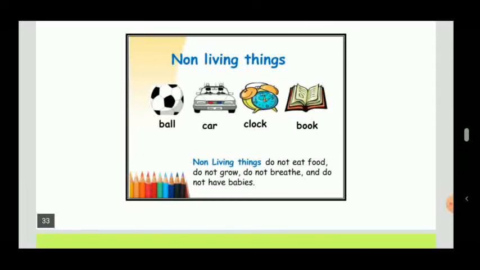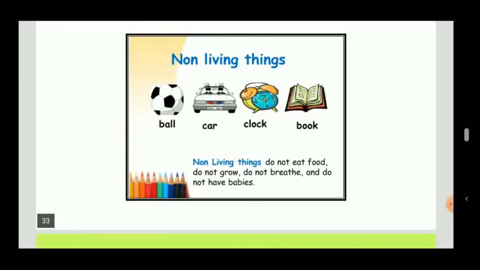Non-living things do not eat food. Ball, car, clock or book do not need food. They don't need water. They don't need air to breathe. Balls need air, but without air, a ball can still be used.